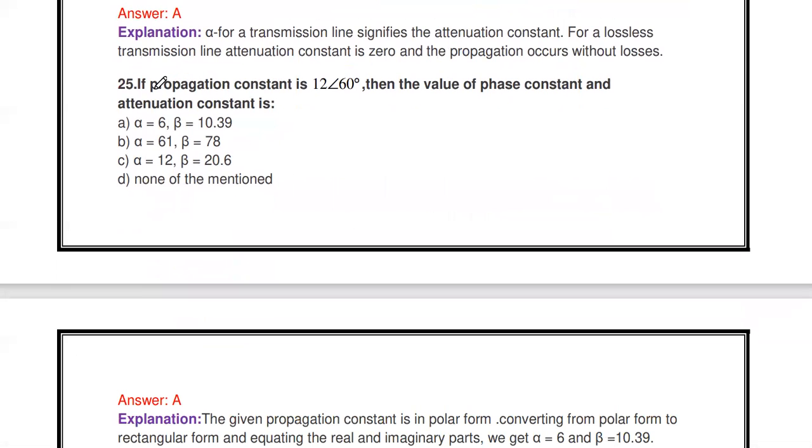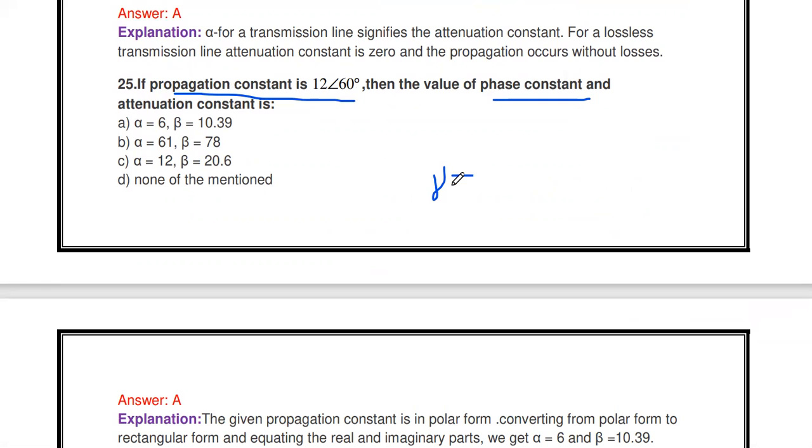Then the next question: if the propagation constant is 12 with 60 degrees, then the value of phase constant and attenuation constant is dash. So here, what is the data given? The propagation constant is given, and we have to find beta and alpha.